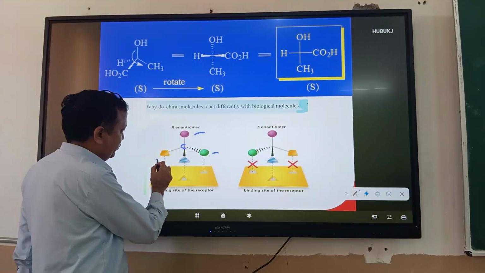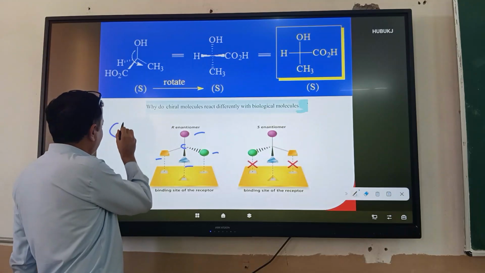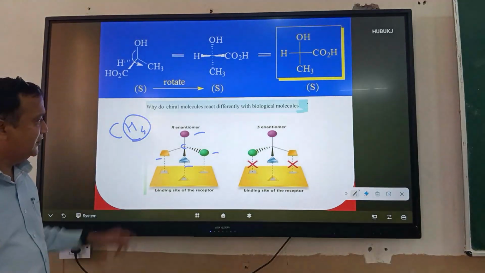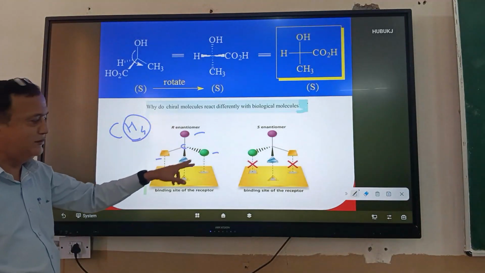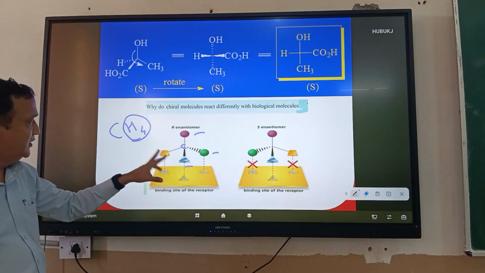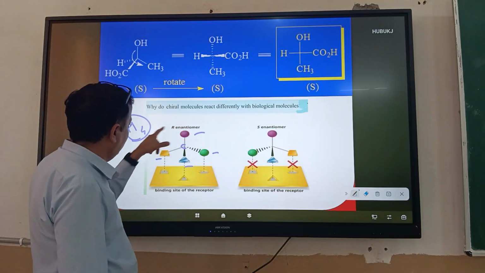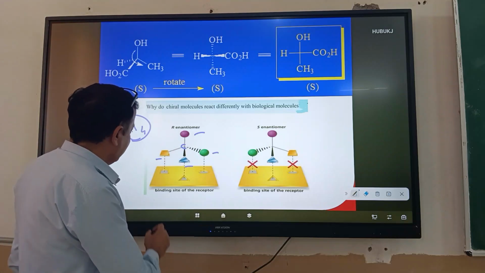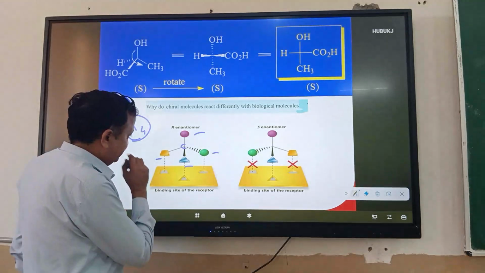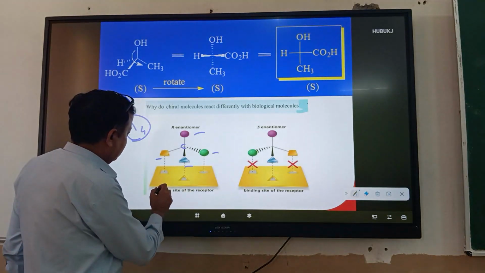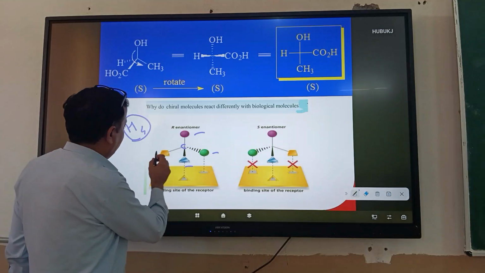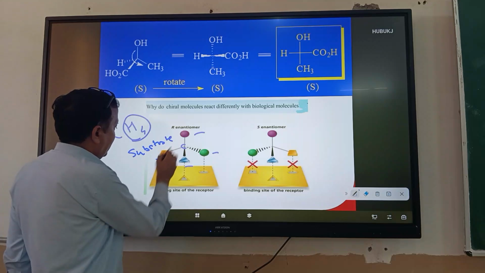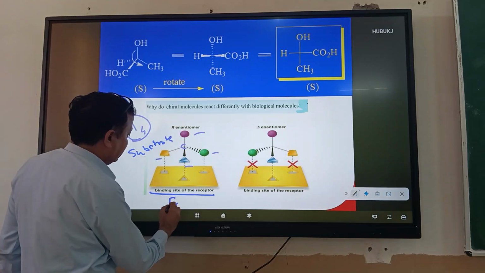Methane can hold four atoms, and if all four are hydrogens, they will all be the same. If all the groups are different, then what will happen? In a biological system, it has been found that this molecule acts as the substrate, while this acts as the enzyme.